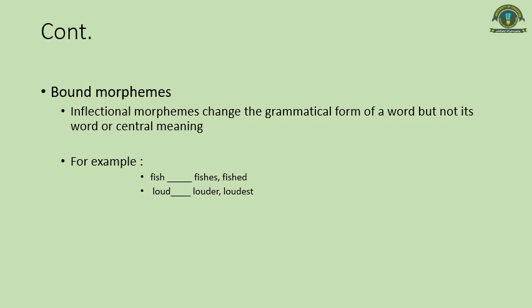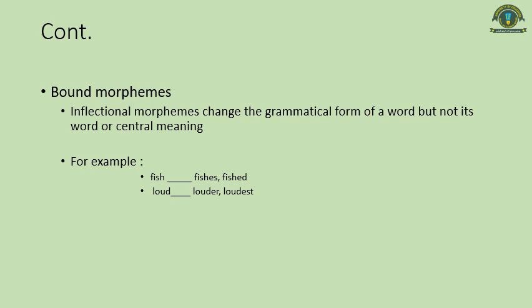Let's see. Here with fish, we can add the inflectional morpheme past tense ed. Past tense is a kind of inflectional morpheme. It looks like a verb, but the tense changes. And another one, fish, and then we add the third person singular, fishes. When it is present simple tense, we add es.